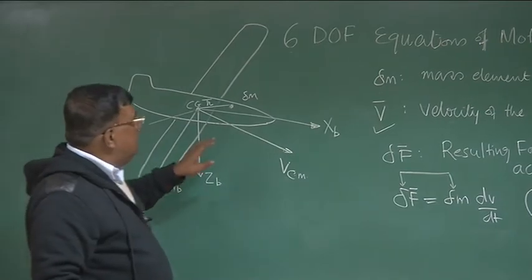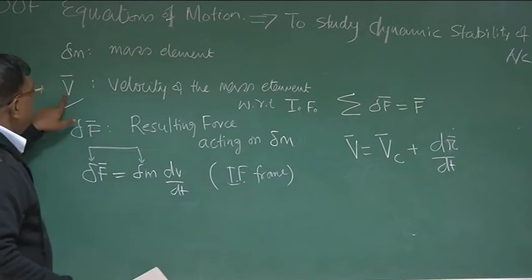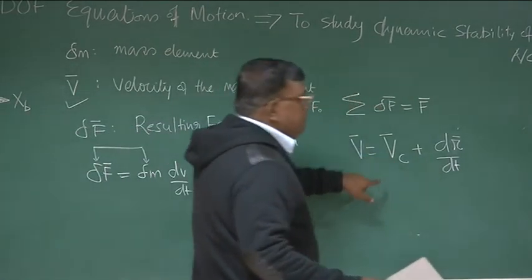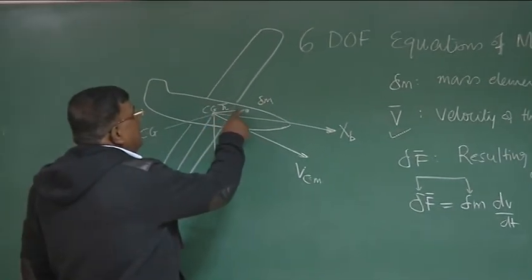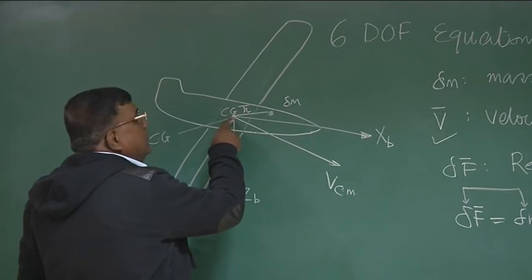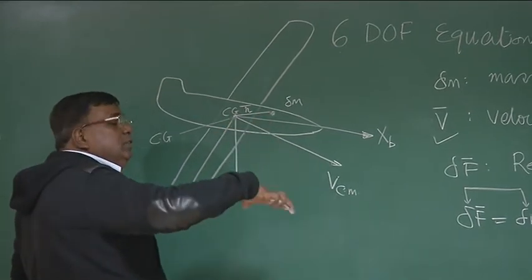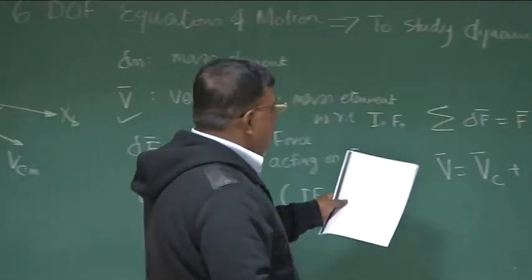Please note that we want to relate this velocity v, the velocity of the mass element, with the center of mass velocity. So, this velocity will be the velocity of the center of mass plus dr by dt, because if it is moving like this, it could move like this. So that dr by dt will come here. So, this is the expression.